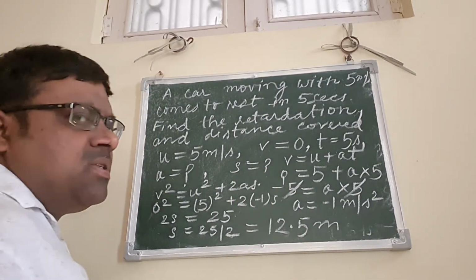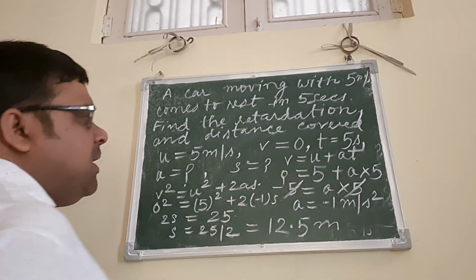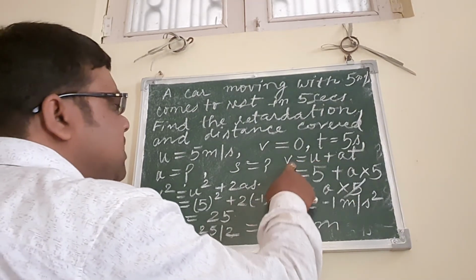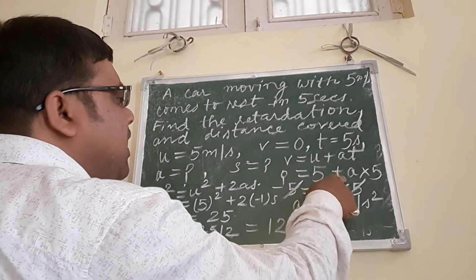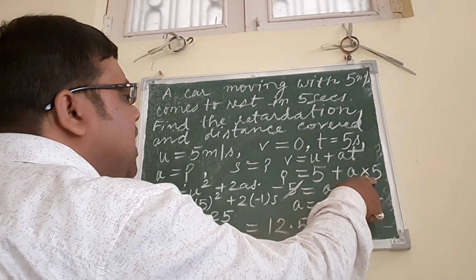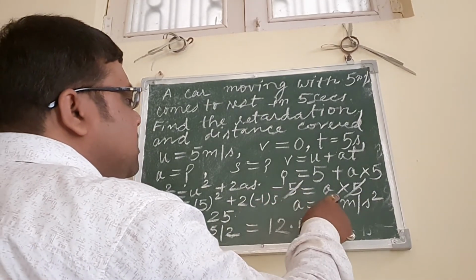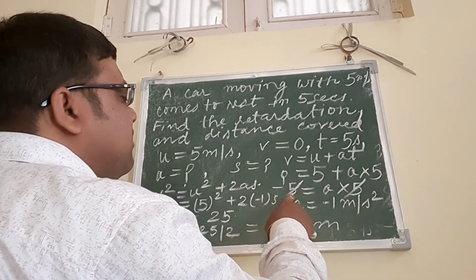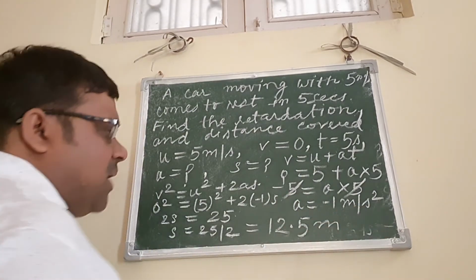Applying the first equation of motion, v equal to u plus at. So final velocity is 0. So 0 is equal to initial velocity 5 plus a into time, that is 5 seconds. So minus 5 is equal to a into 5, and 5 and 5 get cancelled. So a is equal to minus 1 meter per second square.